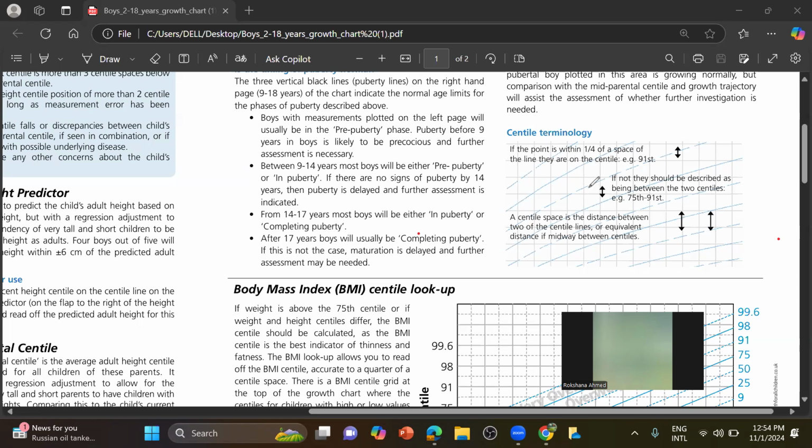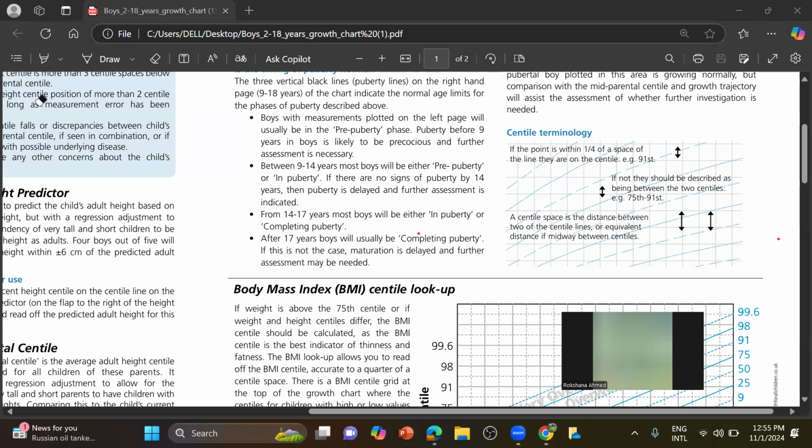If we divide the space, and the child is near a quarter of it, we will take that line. But if it is midway between them, we can say that he is midway between the 75th and 91st centile.